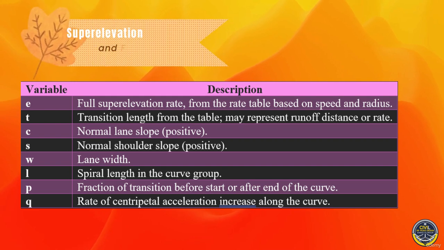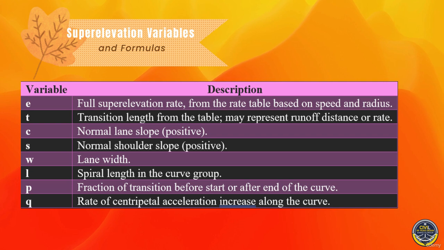Superelevation variables and formulas. Civil 3D calculates superelevation transitions using variables. E equals the full superelevation rate from the rate tables based on the speed and radius. T is the transition length from the table, which may represent runoff distance or rate.